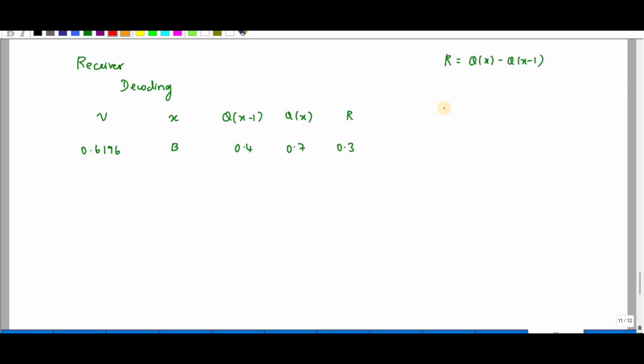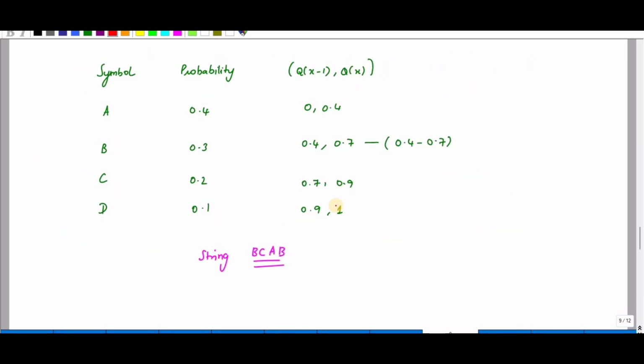Next I need to find the next value of V, which is V minus q of x minus 1 divided by R. Substituting, 0.6196 minus 0.4 divided by 0.3 gives 0.732. So 0.732 is in the range of C.